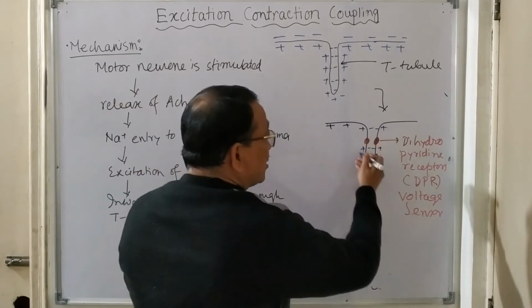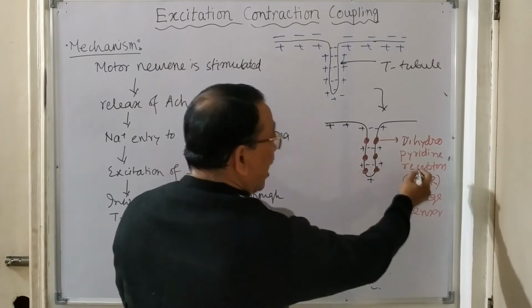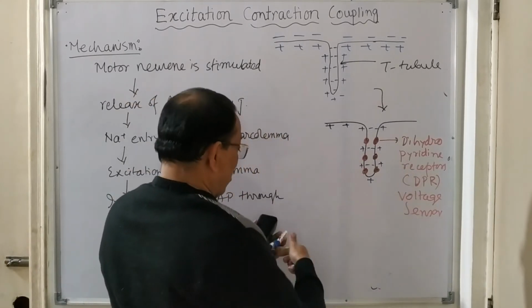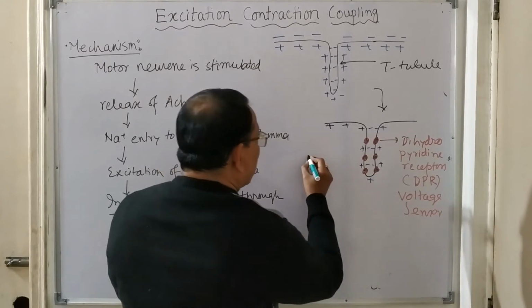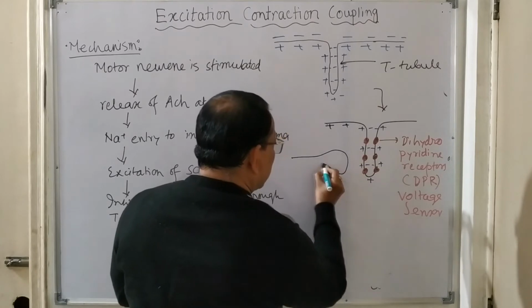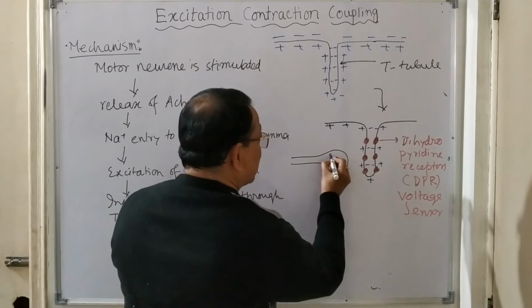Once this voltage change is detected by the dihydropyridine receptor, they send the signal to the terminal cisternae. As I told, there is a terminal cisternae which stores the calcium ions.